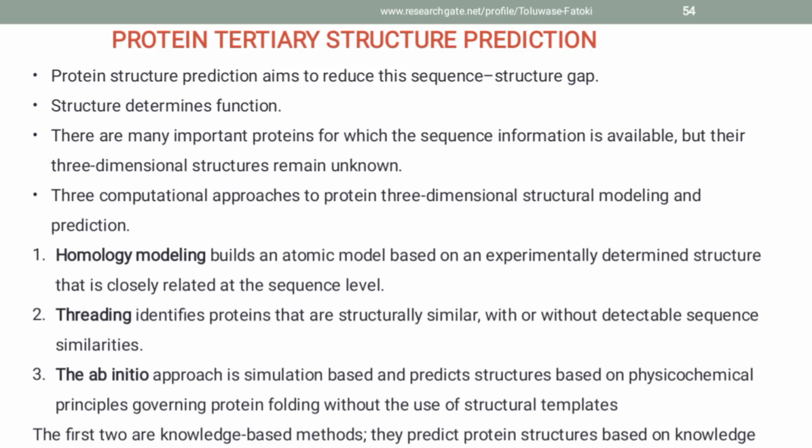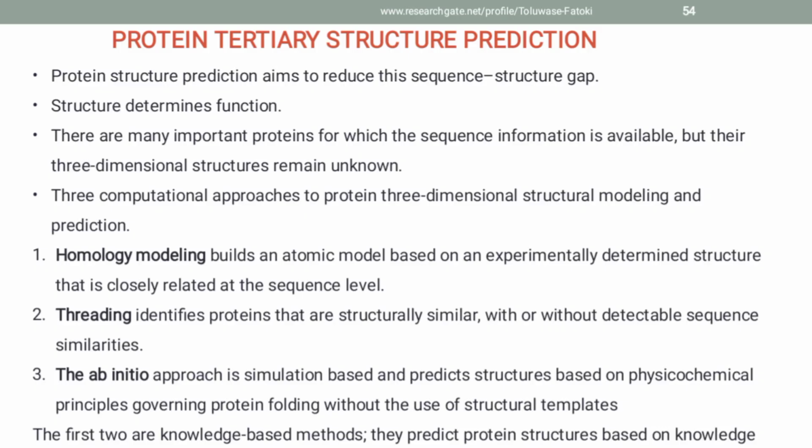Okay. So ab initio is more of simulation. You have Fold@home, you have Rosetta. Those are based on the ab initio model. For threading, we have RaptorX, we have Phyre2. Those are based on threading. But if you talk about homology modeling, we have some homology modeling software and servers, like SWISS-MODEL, which is based on homology modeling.